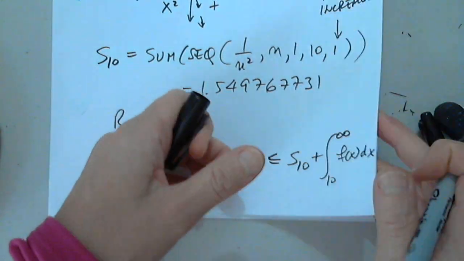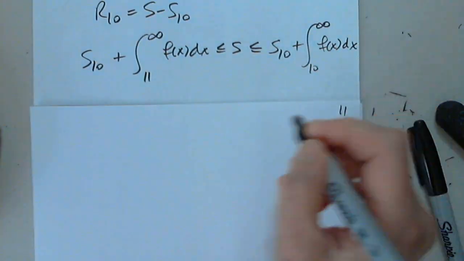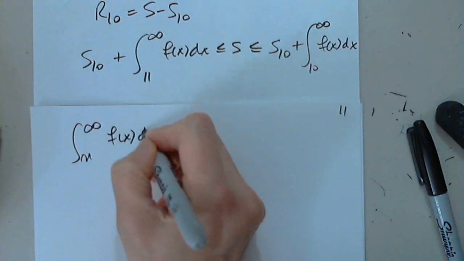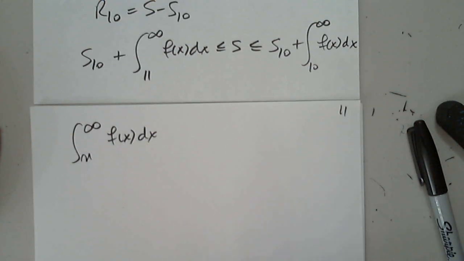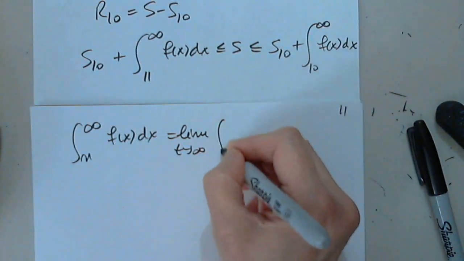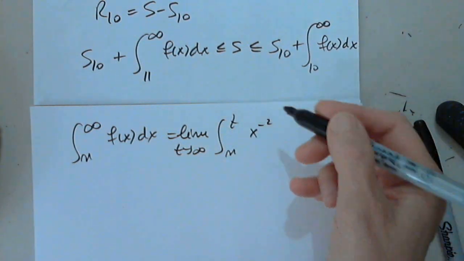Now let's calculate the general integral from n to infinity of f of x dx. Let's see what we get. This is the limit as t approaches infinity of the integral from n to t of x to the -2.